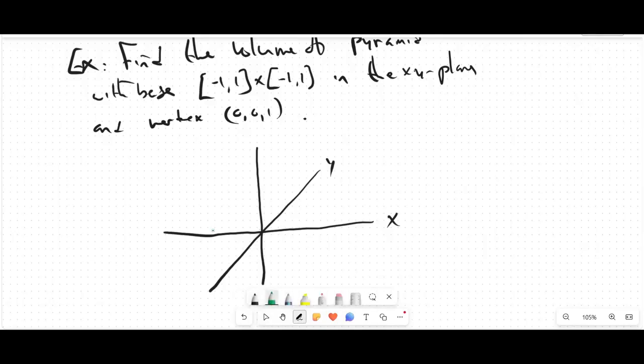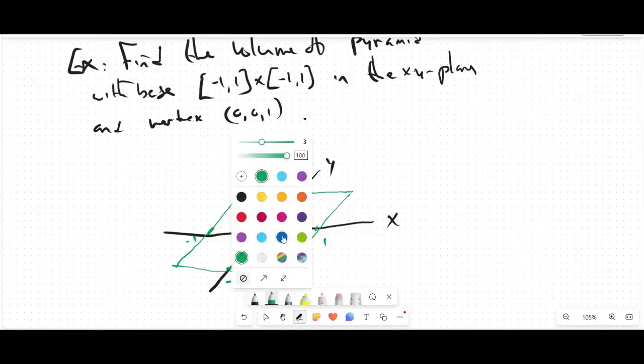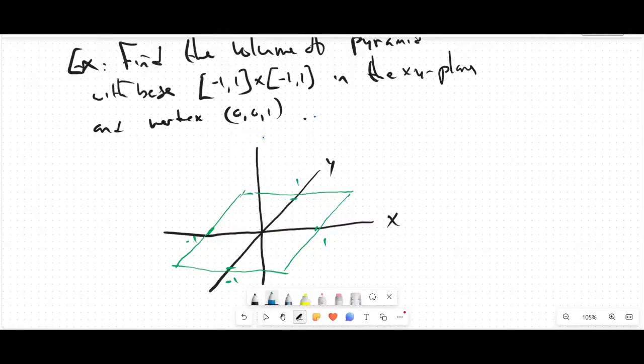It's a 2 by 2 square. Okay, there's my base. -1 to 1, -1 to 1. And then they say the vertex is at the point 0, 0, 1. So in Z, it's 1 in the Z direction, like right there, maybe. If it's a pyramid, you can hopefully do the work from here.